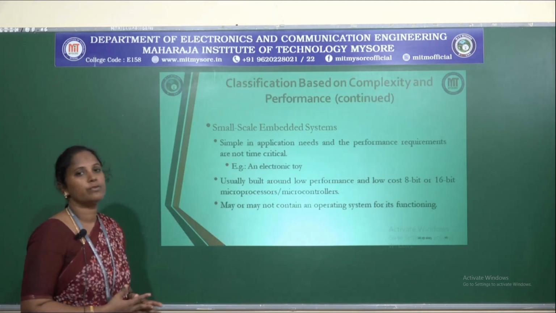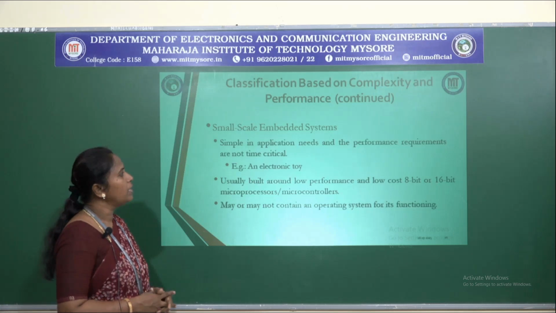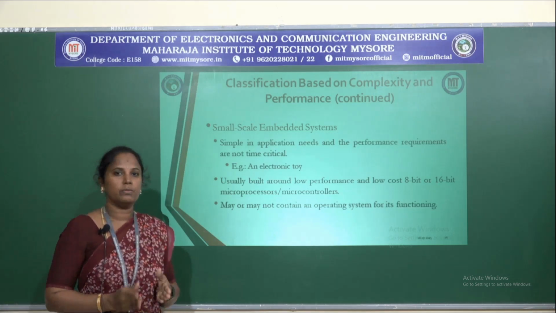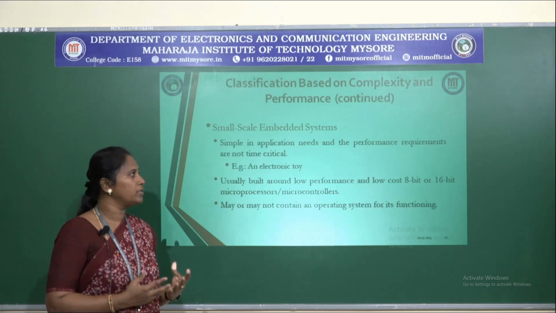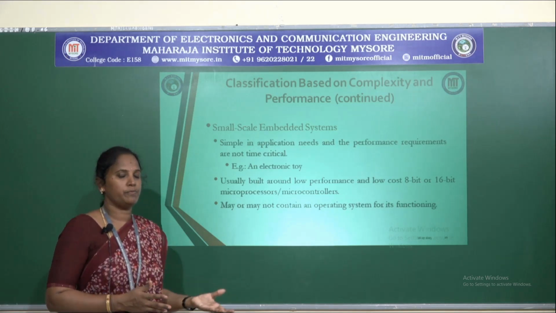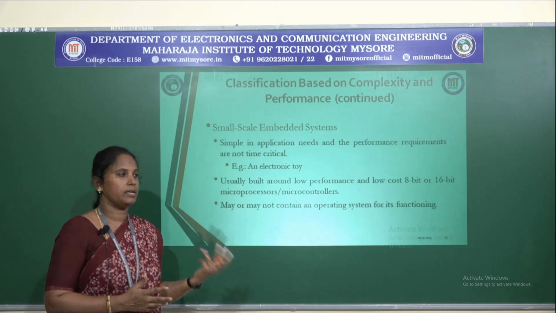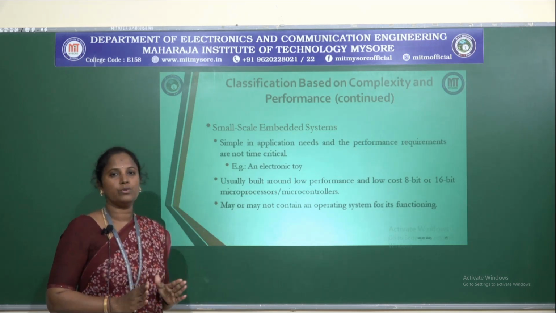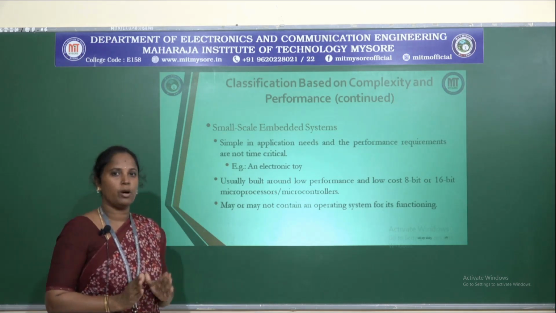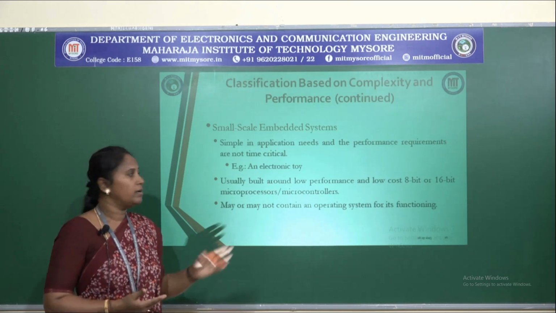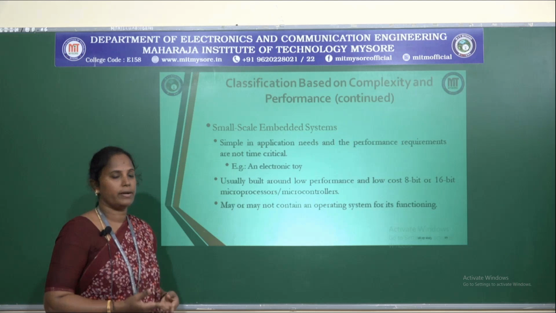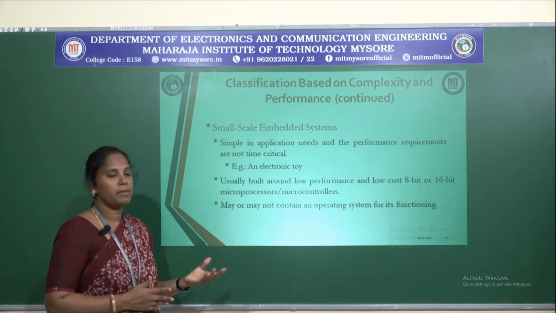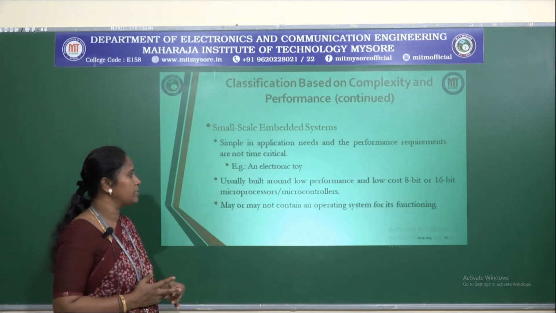In the case of a small scale embedded system, we use it in simple applications, and we are not bothered much about whether it performs at a faster or slower rate, but we use it to perform its operation. For example, electronic toys used by children are a simple example of a small scale embedded system.